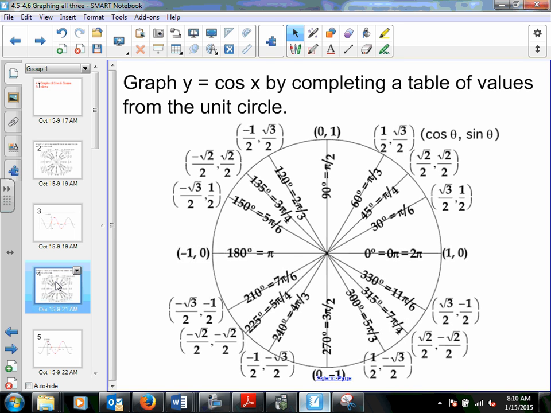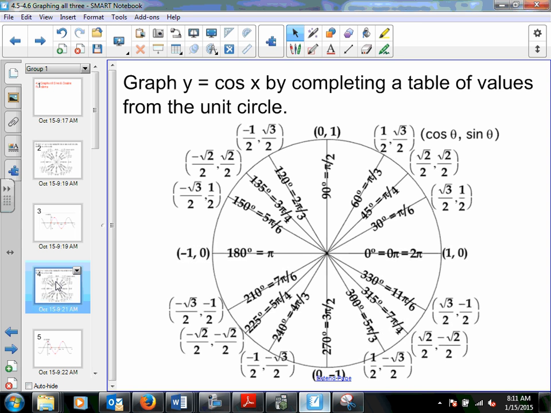Notice how we start at 1, and then when we rotate, radical 3 over 2, radical 2 over 2, 1/2, 0. So those x values decrease until we get to 0. Right? Then from 0, we move to negative 1/2, negative radical 2 over 2, negative radical 3 over 2, negative 1.